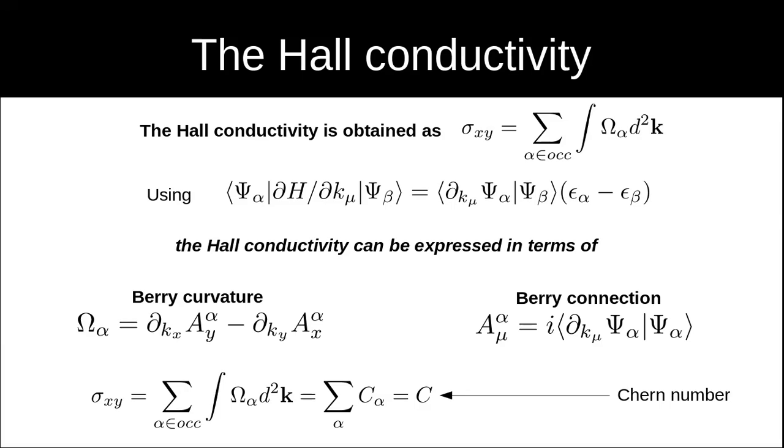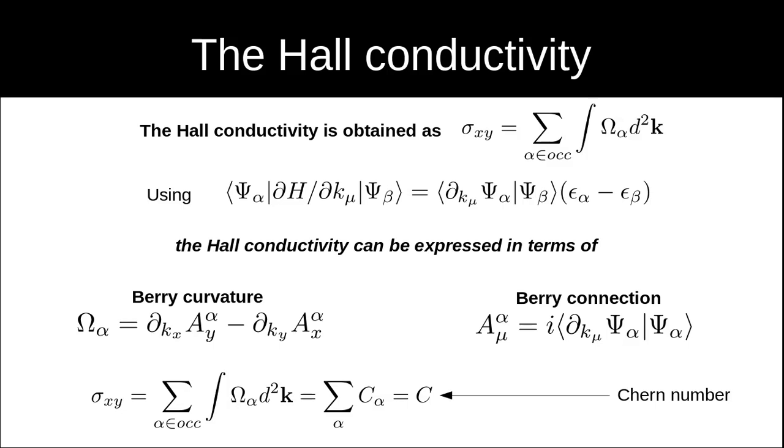The Hall conductivity is an observable that does not depend on the actual energies of your band structure, but only depends on the wave functions themselves. Meaning that you can add perturbations that change the band structure of your system. As long as the wave functions do not change, the Hall conductivity is going to be the same.